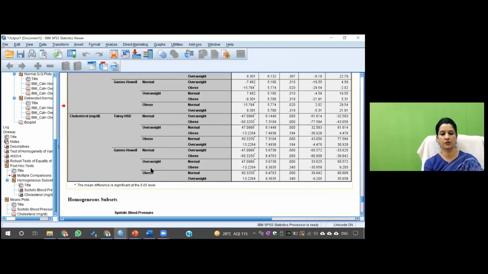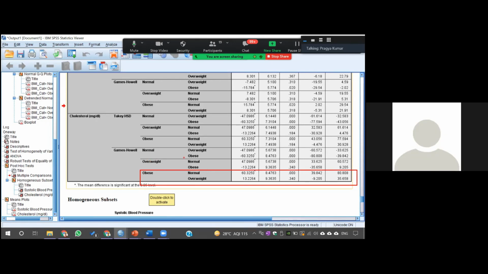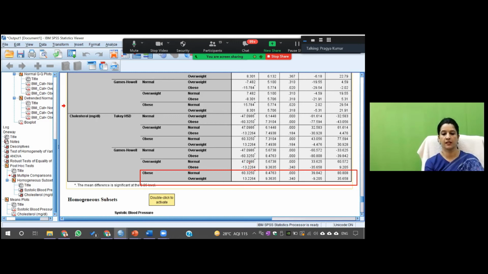The lower row gives you the positive value, because it subtracts the lower from the higher, and then you can take this overweight and obese. So obese, normal, obese, overweight, you can take this one value.